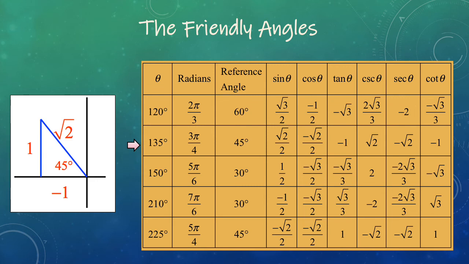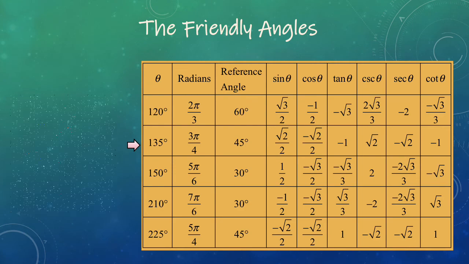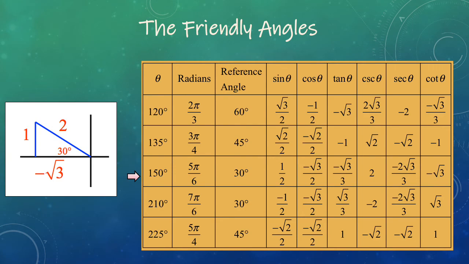The cosecant, secant, and cotangent functions are simply the reciprocals of the sine function, cosine function, and tangent function. For 150 degrees, again, the radian measure, we multiply 150 by 2 pi over 360 degrees, getting 5 pi over 6.